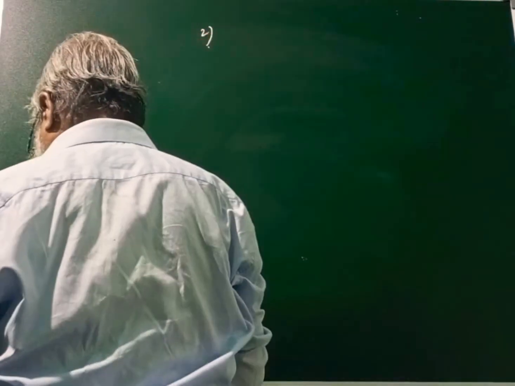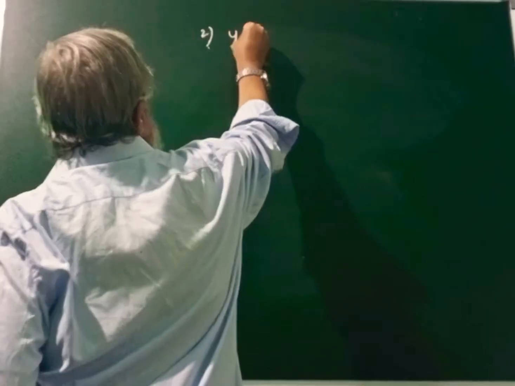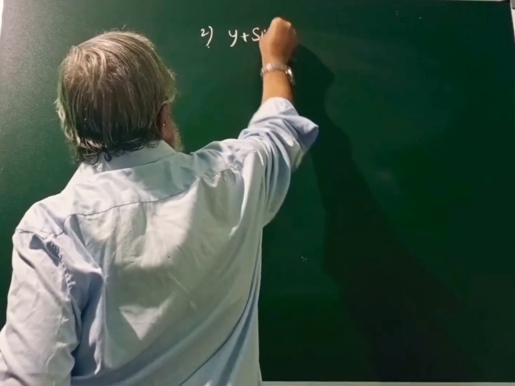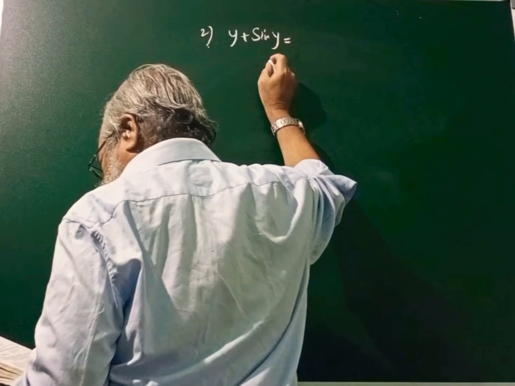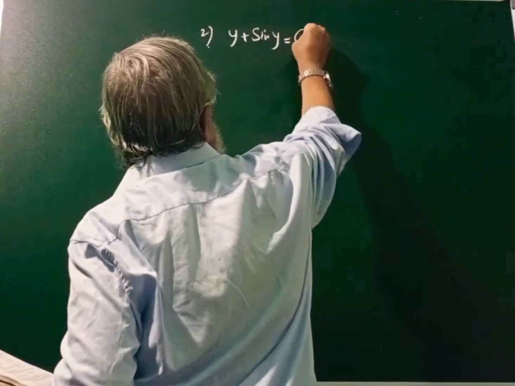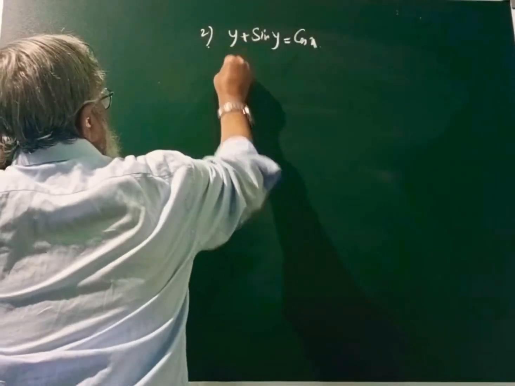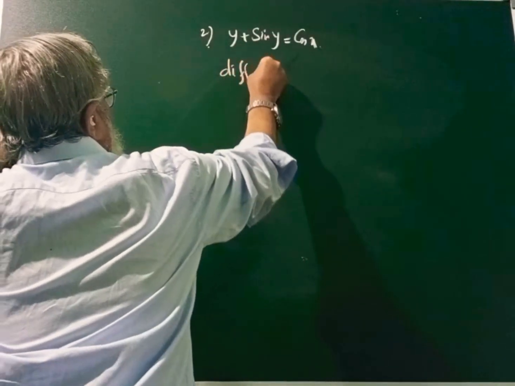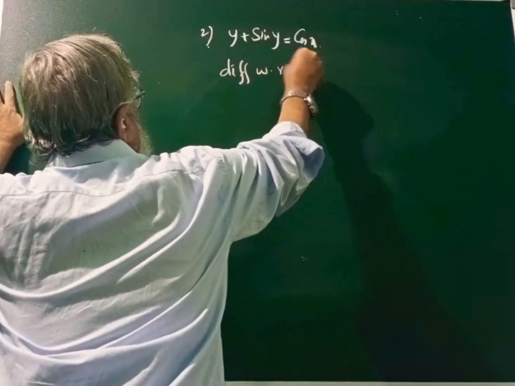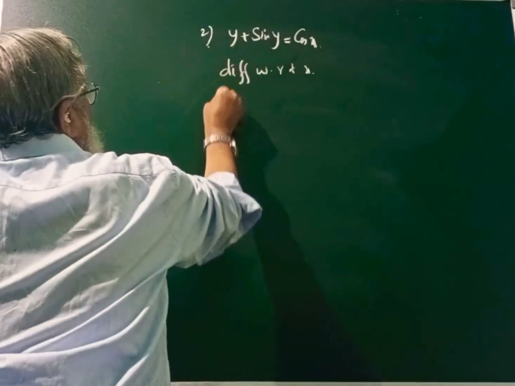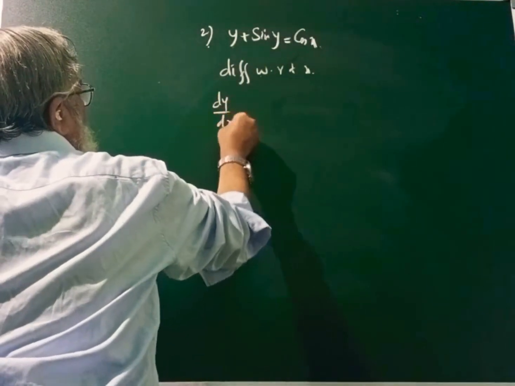Find dy by dx. y plus sin y is equal to cos x. We differentiate with respect to x. Differentiation of y is dy by dx. See carefully here.